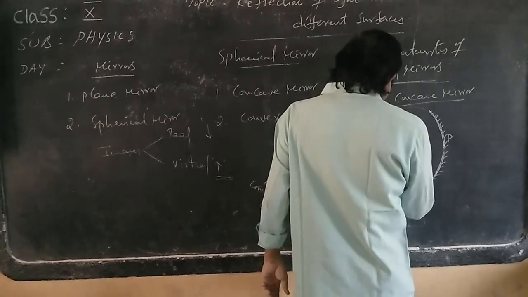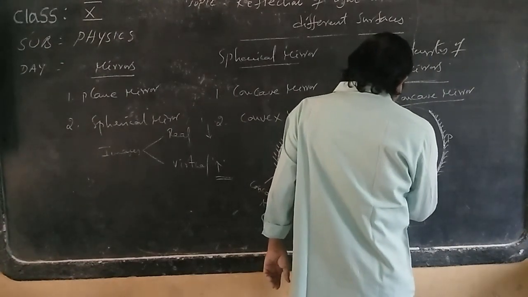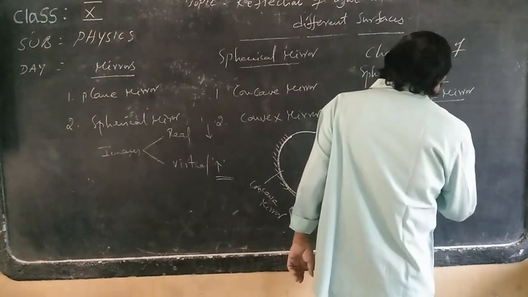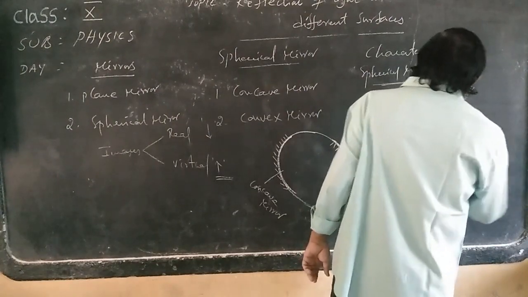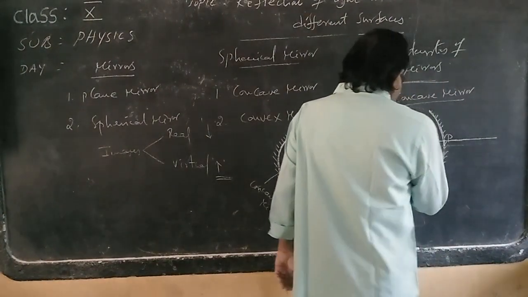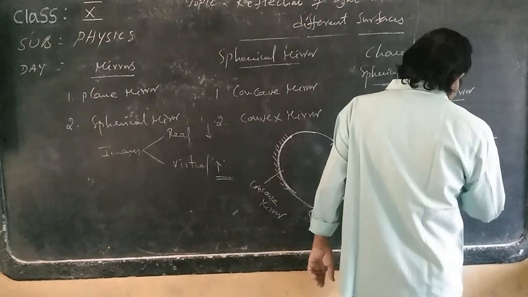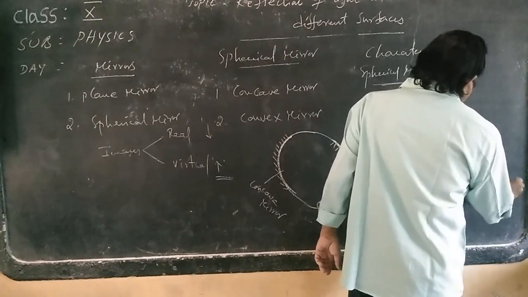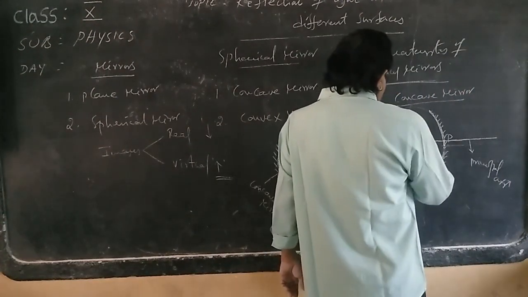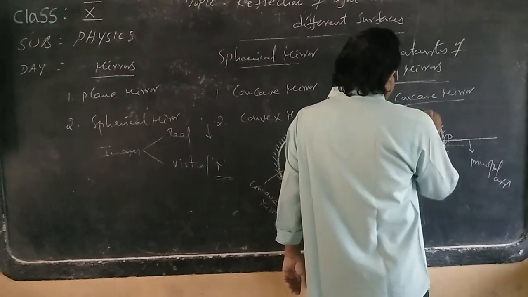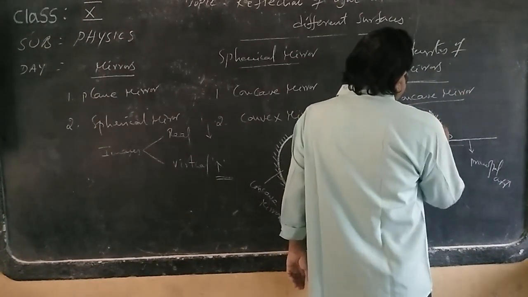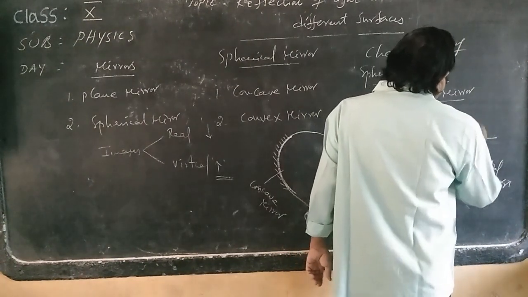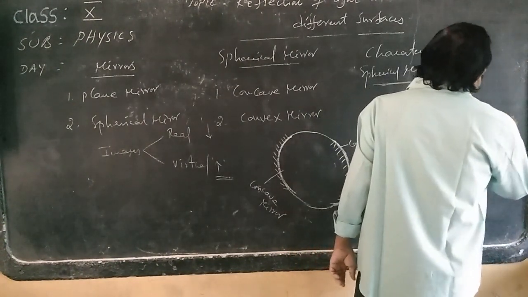The line which passes through the center of curvature and vertex is called the principal axis. This C is called the center of curvature, and P is called the pole or otherwise vertex.